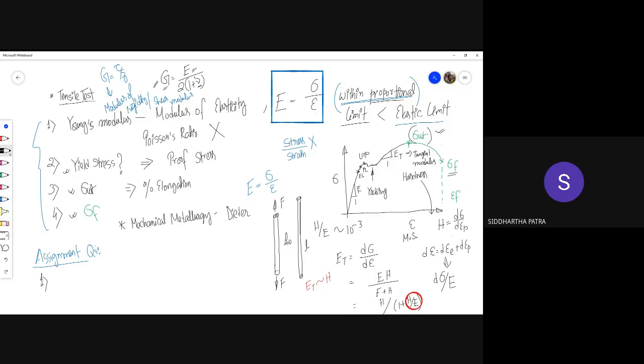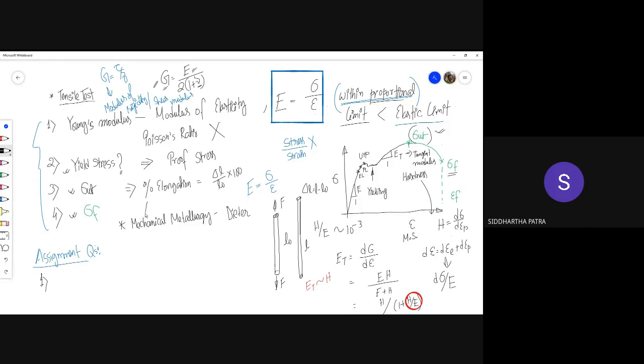That's the point of doing the tensile test. So that change per unit original length times 100 is your percentage elongation. The percentage elongation is kind of an indirect measure of ductility of the material.